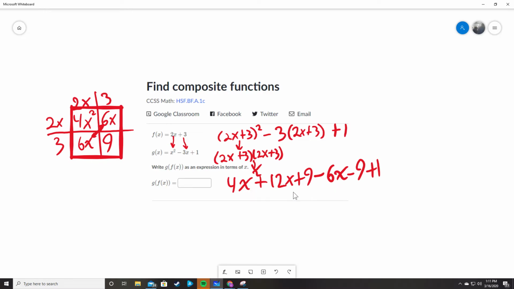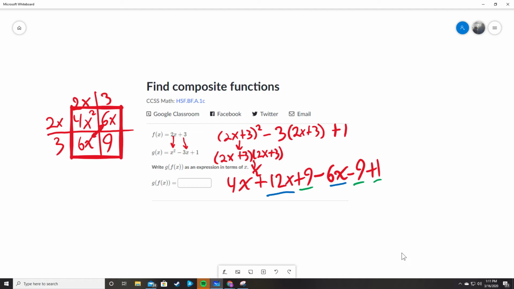So we know the things that are alike here are going to end up being our 12x and our negative 6x. So we got 12x here and negative 6x there. And then we know that we got another like term with positive 9 and negative 9 and 1. So let's deal with 12x minus 6x.